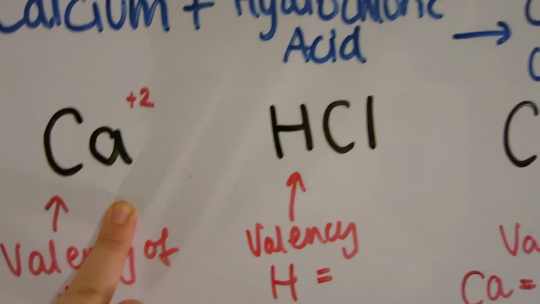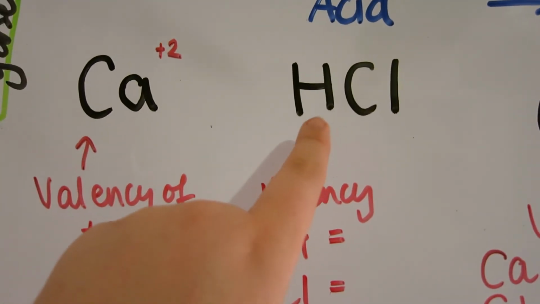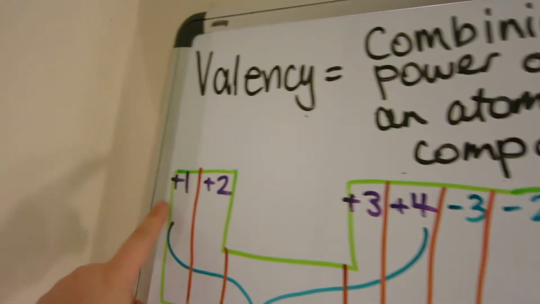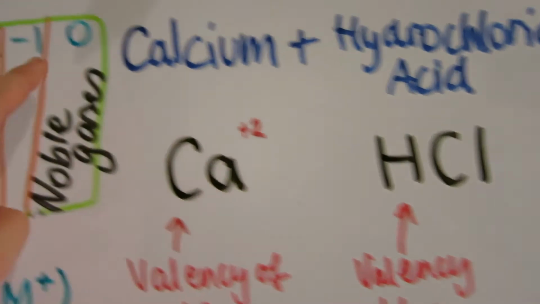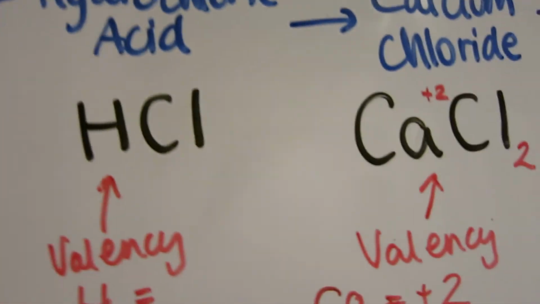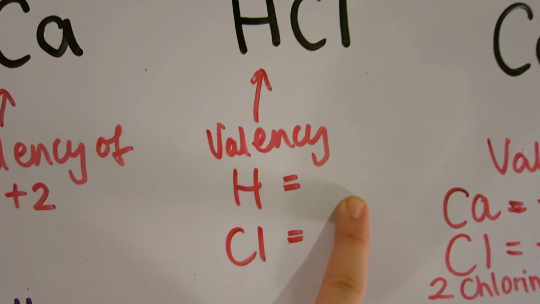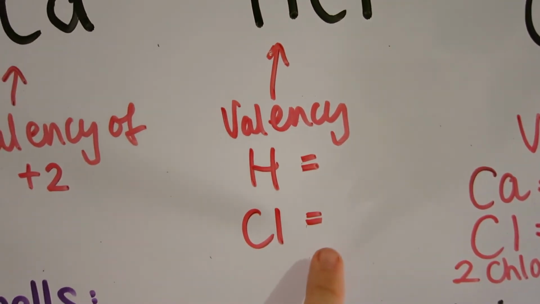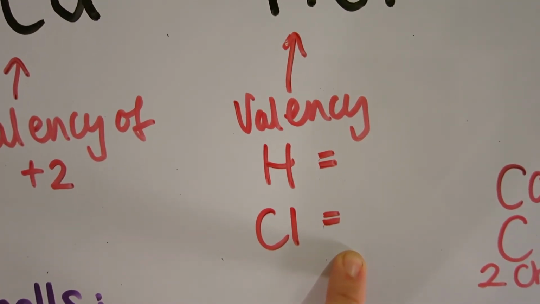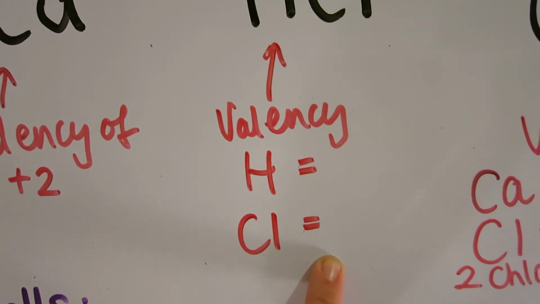With our hydrochloric acid, we have 2 species. So we have a hydrogen, which remember is +1, and we have our chlorine, which is -1. So what would our valency be for hydrogen? And what would our valency be for chlorine? I'll let you think about that one.